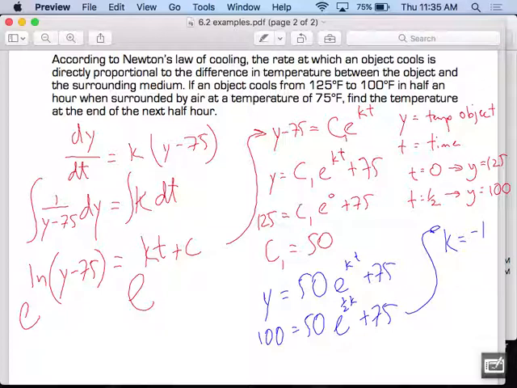Negative 1.386. And we've already had that confirmed, so we're good to go. Any problems with that? The reason I said Aunt Sally is because remember you have to move the 75 to the other side before you divide by 50.